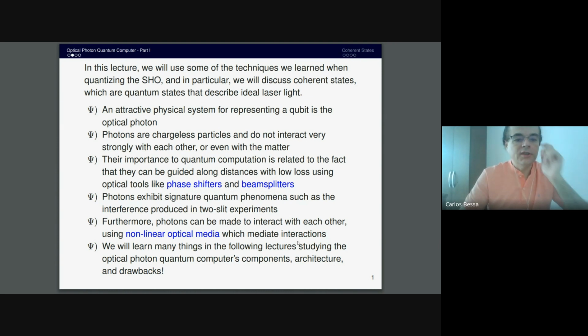And so the idea in this topic is to learn many things when studying the optical photon quantum computer components, like phase shifters and beam splitters, the architecture of this kind of computers, and the drawbacks.